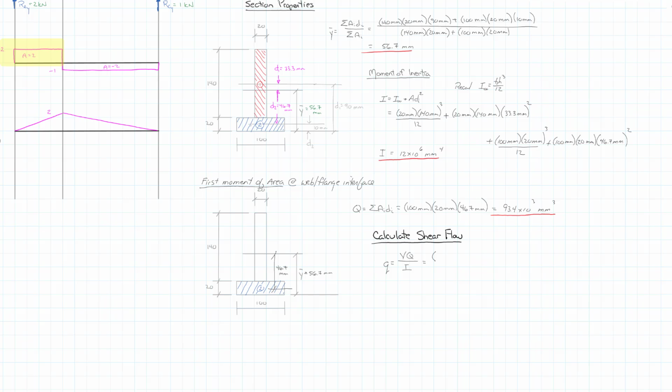So we use that in here, so 2 kilonewtons between A and B. And then we take our value of Q, which is 93.4 times 10 to the third millimeters cubed, and we divide it through by I, which is 12 times 10 to the 6 millimeters to the 4th, and we get a shear flow of 0.0156 kilonewtons per millimeter.